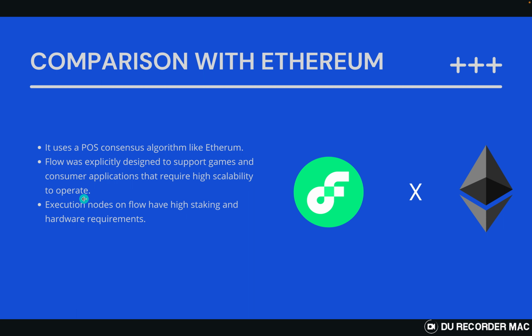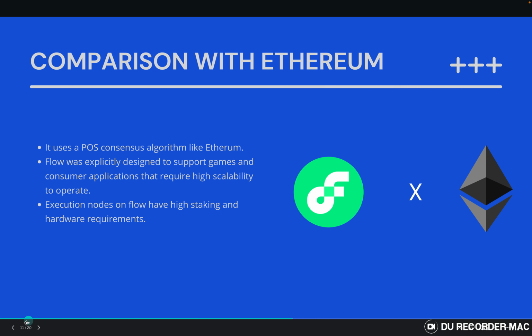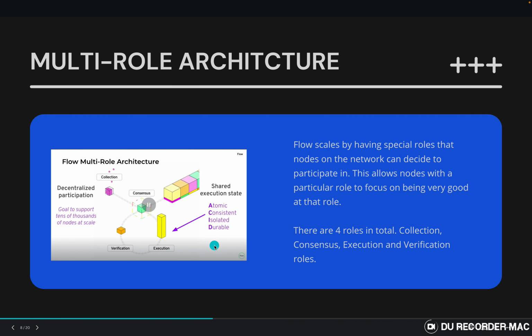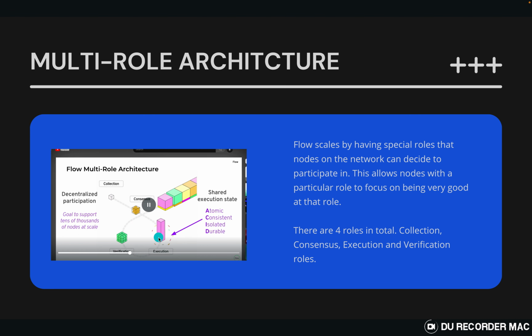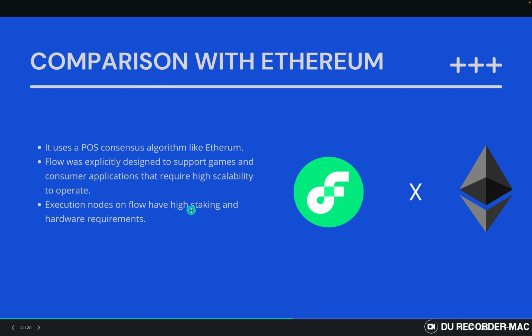Now the other thing is the execution nodes on Flow have high staking and hardware requirements. Like we earlier mentioned, Flow uses a multi-role architecture for their nodes. So what they are saying now is that the execution nodes have high staking and hardware requirements, meaning for you to have an execution node, you usually have to operate it in something like a data center, right?